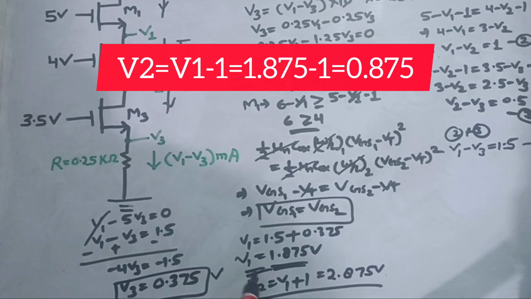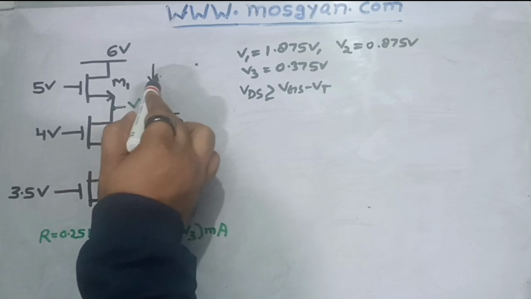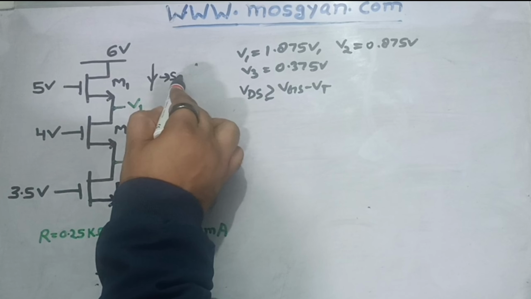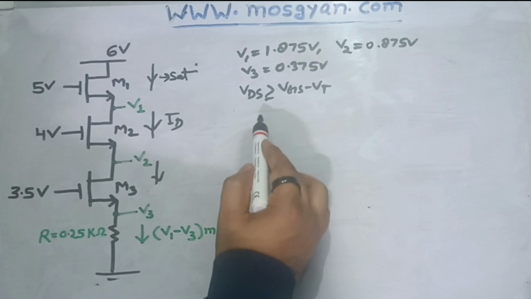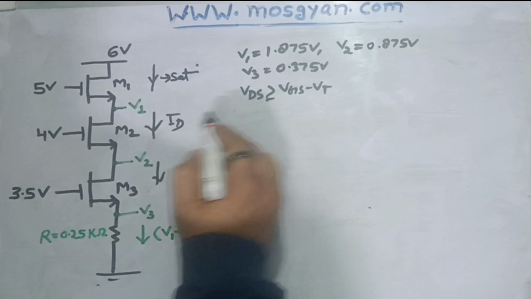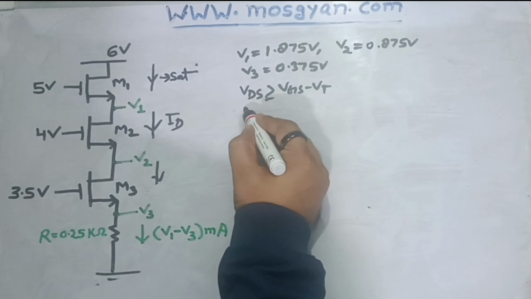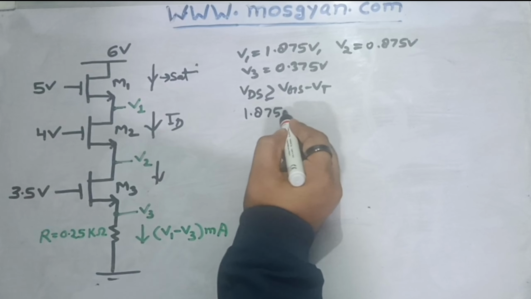Now since we know the value of all the three node voltages V1, V2 and V3, we can calculate the region of operation for MOS M2 and M3. For MOS M1 we already have calculated, it is operating in saturation region of operation. So we need to apply this equation for MOS M2 now. So for VDS we have to calculate for MOS M2. VD we know is V1. V1 we have calculated as 1.875.